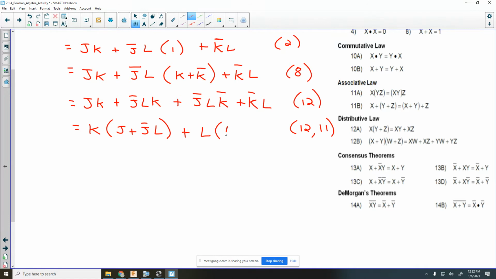Let's see. So if I reorder that, that's going to be K naught. Actually, there's an LK naught in both of those, isn't there? Let's just reorder. I don't know if that's going to matter.